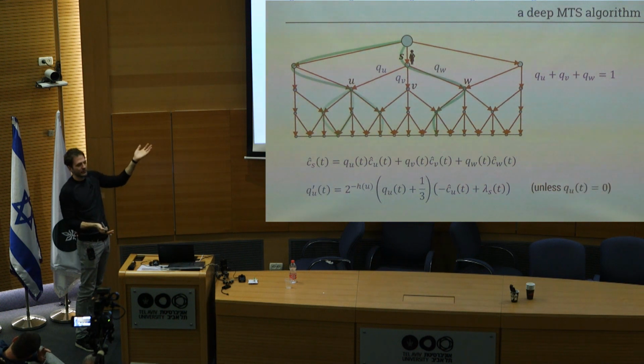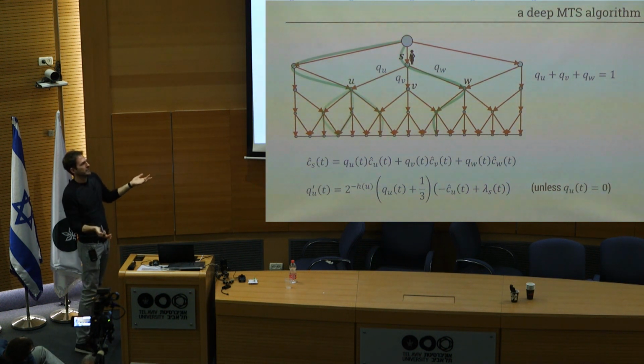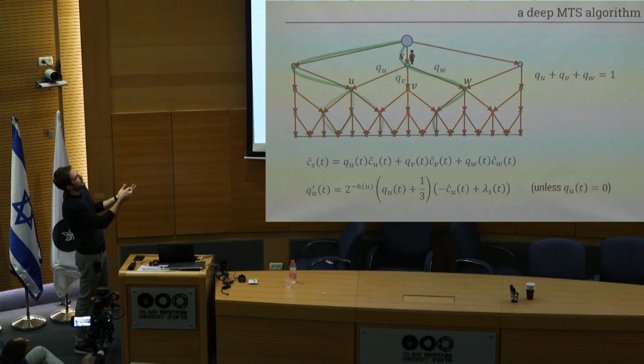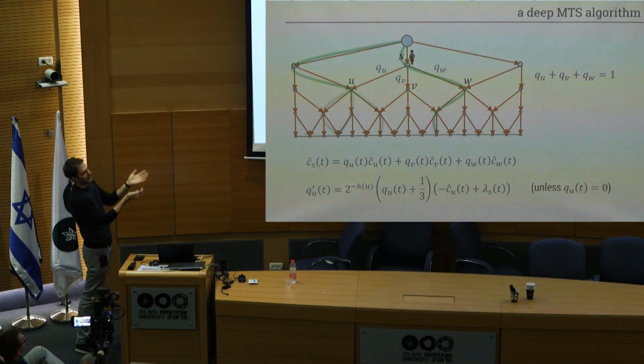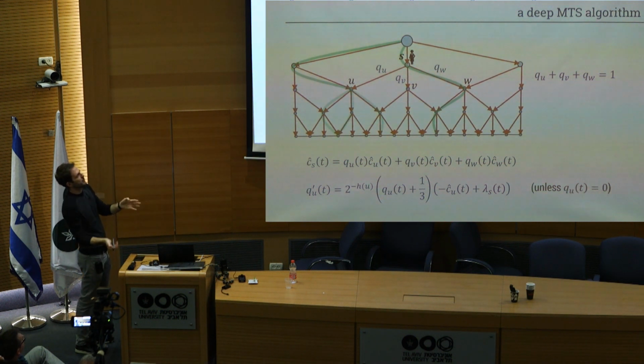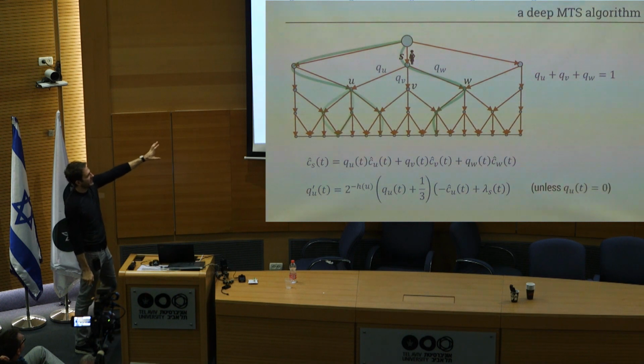It's not clear; by the time these costs converge to something that represents the true cost, maybe this agent is just doing something completely wrong. She's putting all the weight on this subtree when actually there's a very cheap solution over here that she should be playing. And by the time they converge, maybe it's too late because the optimal solution has moved on somewhere else and it's cheaper to play there. This would be hard to analyze.